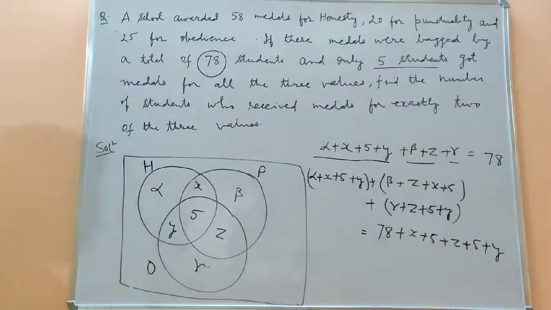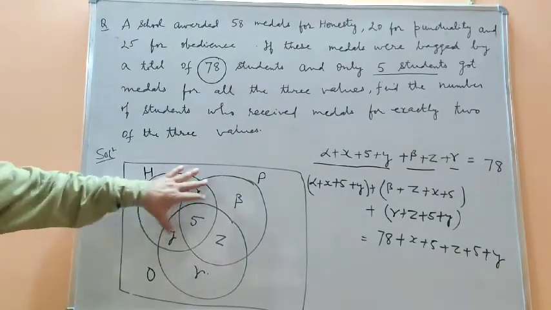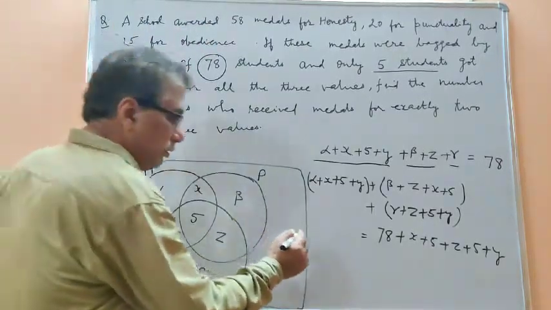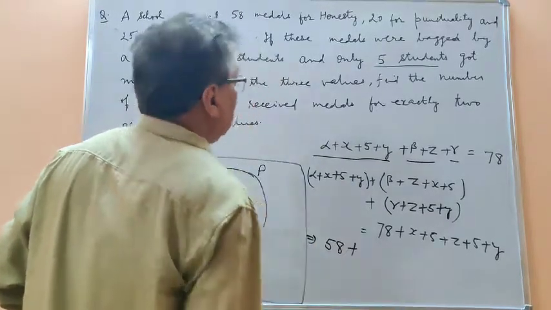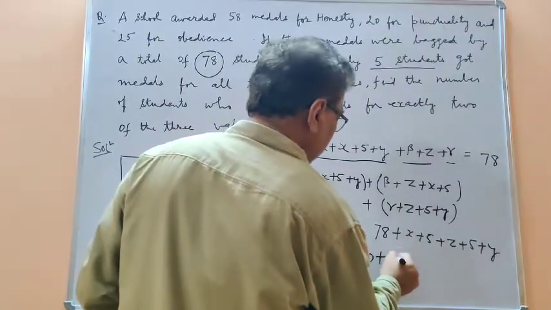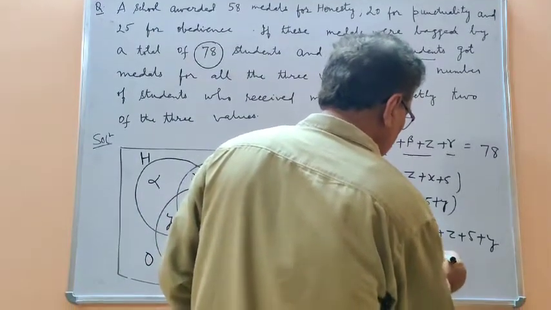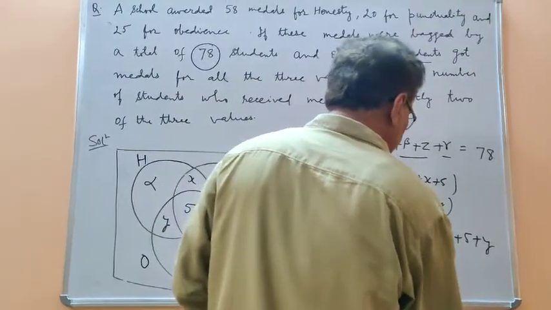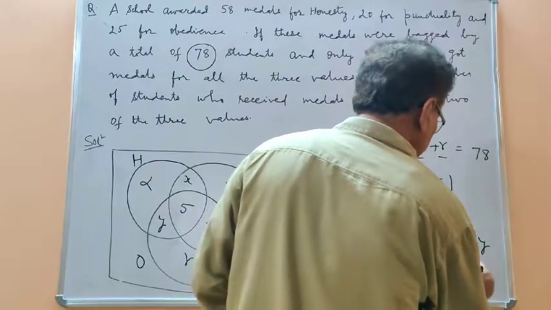Okay, so this is the new equation in which we want to replace these numbers by 58, 20 and 25. So you know that this is given as 58. Next, this is given as 20 and this is 25. And what we find here, this is 78 plus 10, that is 88, plus x plus y plus z.